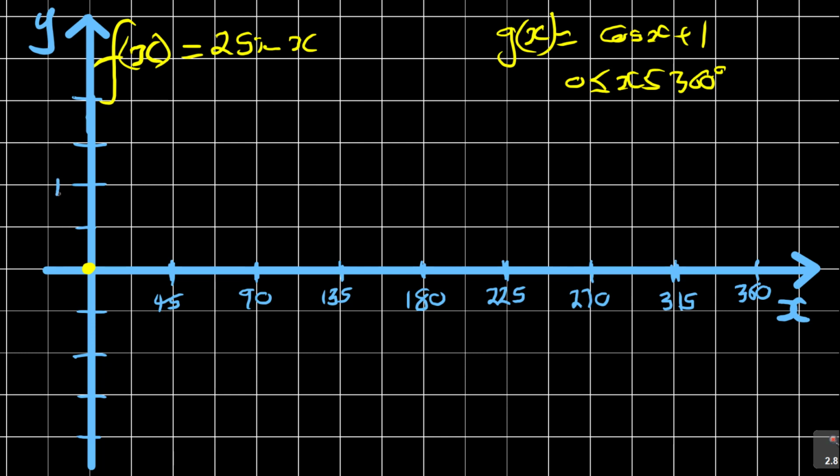This is 1 and this is 2. This is 1,5. This is 0,5. This is 0,5, but it's negative. 1,5, it's negative. Sorry, this is 1,0, not 1,5. This is just 1.